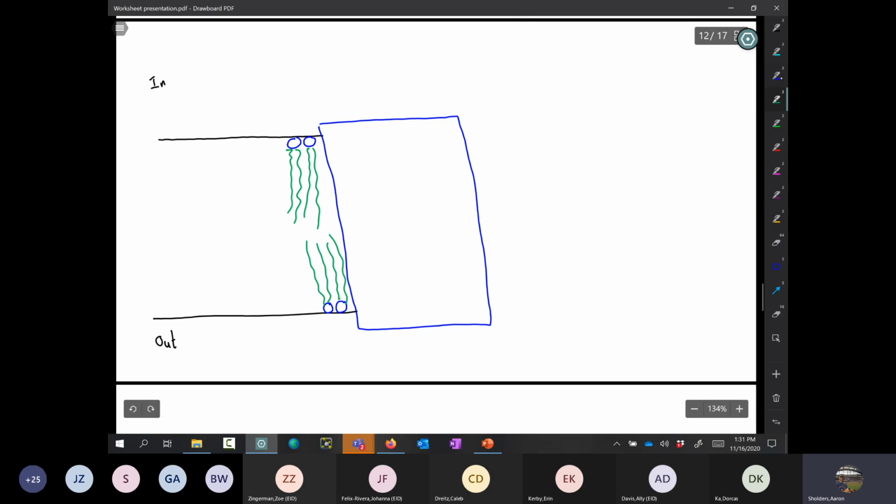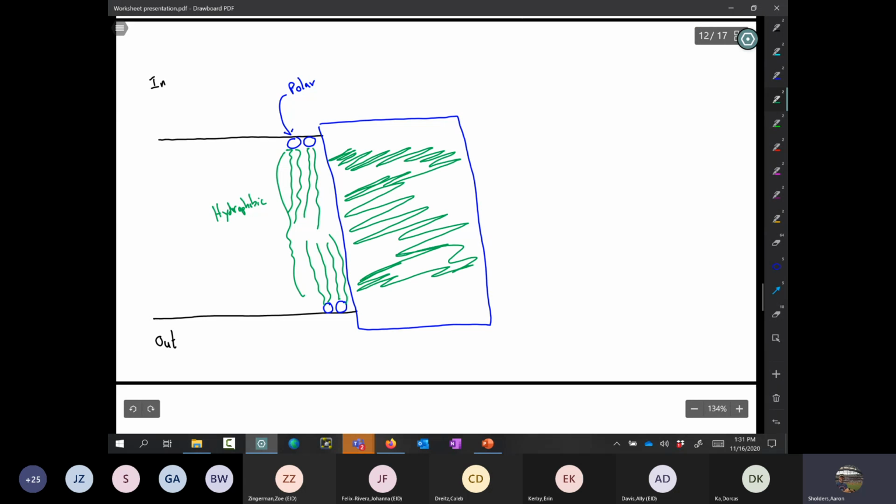And we know that this is polar, and we know that this is hydrophobic. Which means that when you start to look at how a membrane protein is embedded into the membrane, it has a large portion of it, we just draw it right here, right? A large portion of it that's going to be surrounded, okay, by the hydrophobics.